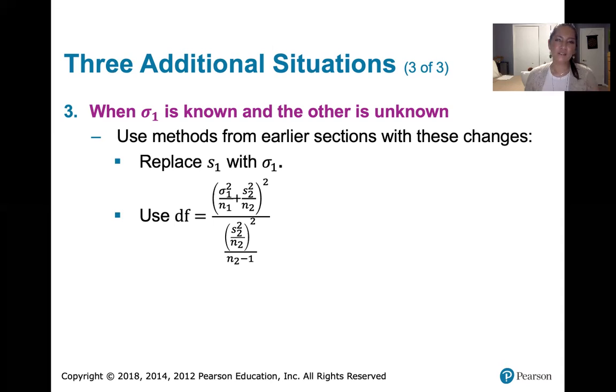The only one of these 3 additional situations that is relatively common is that first case when we might assume that the population standard deviations are equal to each other because the 2 groups are being pulled from the same population. But even then, we should confirm that those standard deviations are equal to each other using some methods of analysis that are sort of beyond the scope of our class.